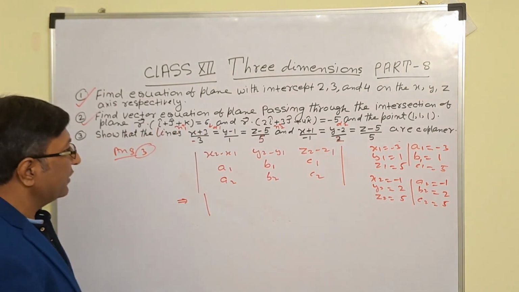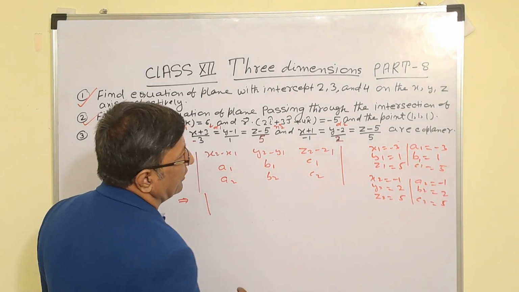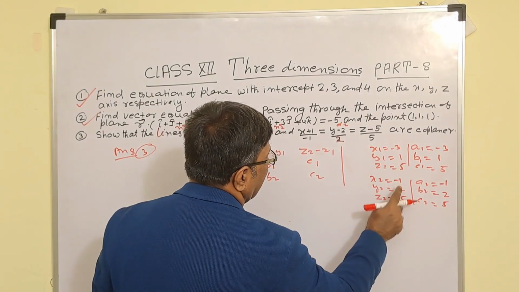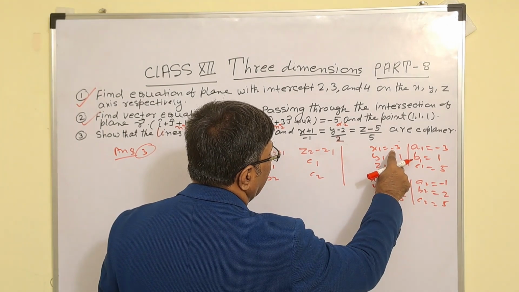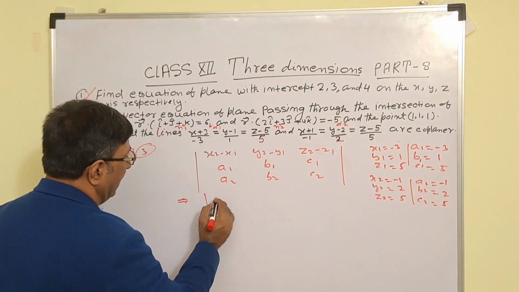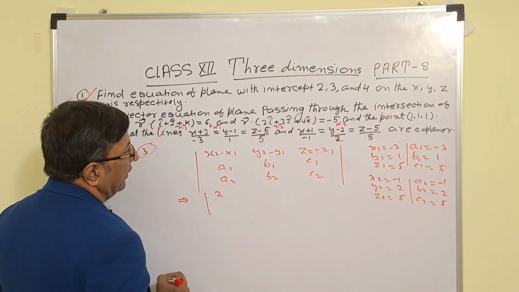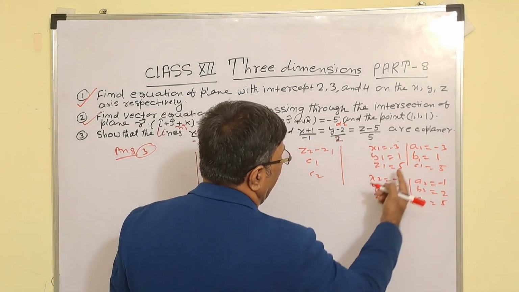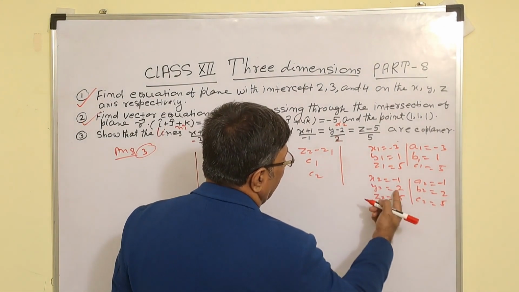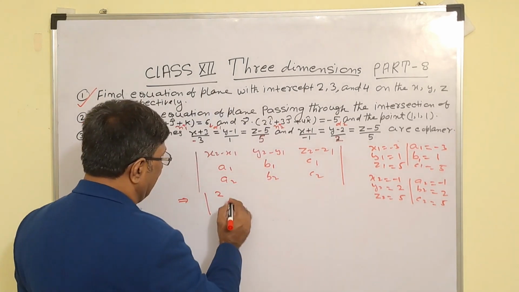So now put these values. x2 minus x1: minus 1 minus minus 3, so minus 1 plus 3, that is 2. In the same way, y2 minus y1: 2 minus 1, that is 1.